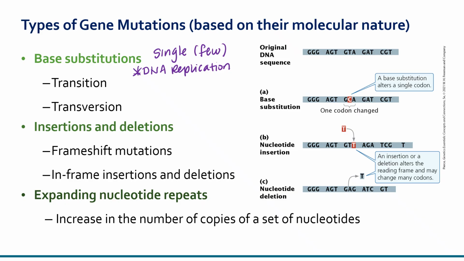We can also have insertions or deletions. And again, these are gene mutations at the base pair level. So this is going to be a small number of inserted or deleted nucleotides. And here we can have two different options. One is a frame shift mutation, where this is going to cause a change in our reading frame.